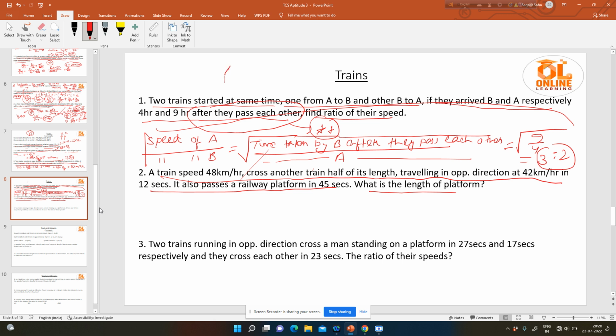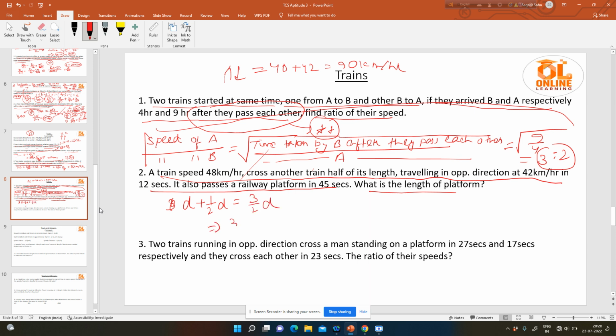As they are moving in opposite directions, their speeds would be added, so 48 plus 42 would be 90 kilometers per hour. If we consider the first length as d, then the other length would be d by 2, so their total length is 3 by 2 d.